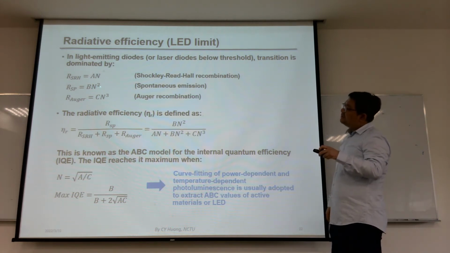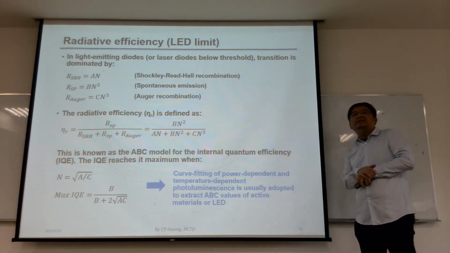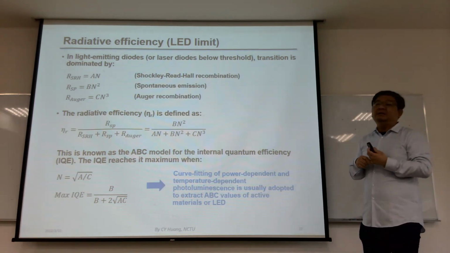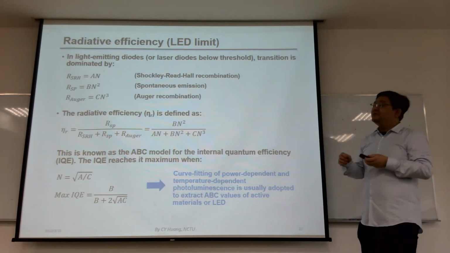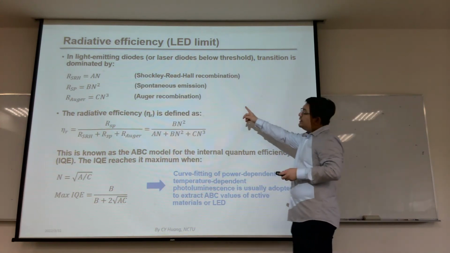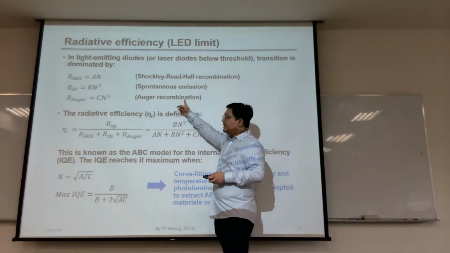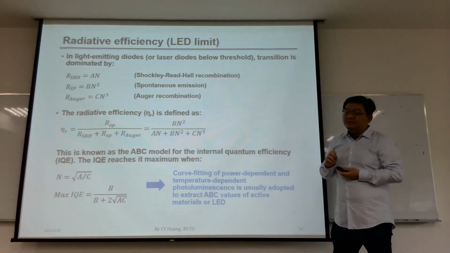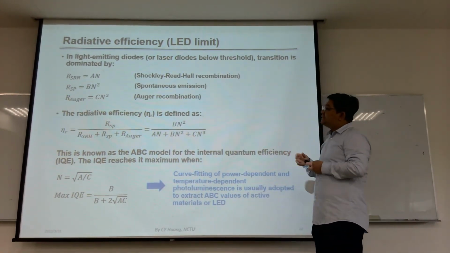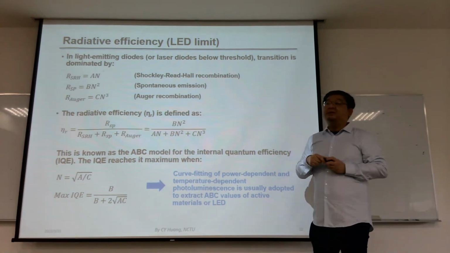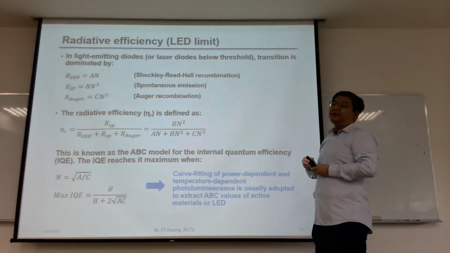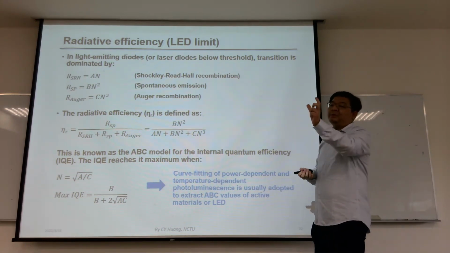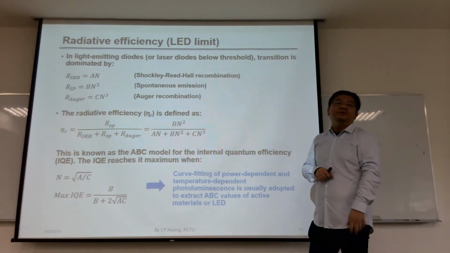Second is BN squared, the spontaneous emission, since we haven't taken the cavity and stimulated emission into account. Third is the Auger recombination, CN cubed. So this is called the ABC model of carrier recombination. Or we can just see it as a polynomial fitting, but every polynomial fitting has its physical significance.